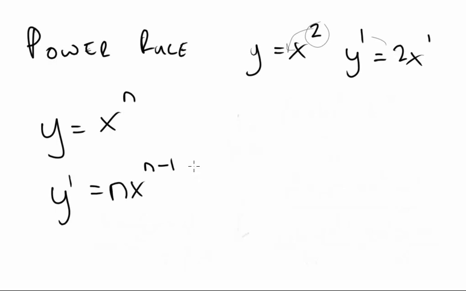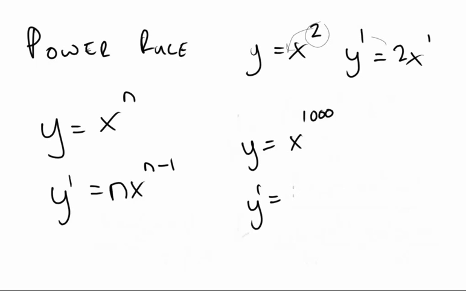Okay, so for any single function that is x to the power of some number, this is how you calculate the derivative of it. So if you want to say y equals x to the 1000, and you wanted to calculate the derivative using the limit, it would take you a very long time.